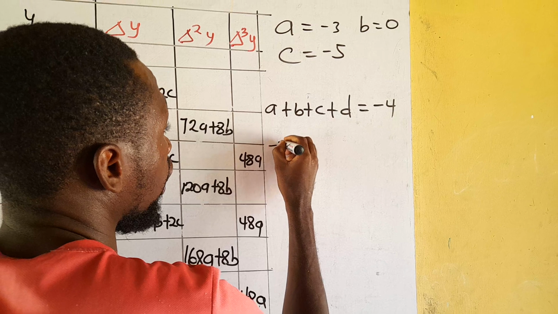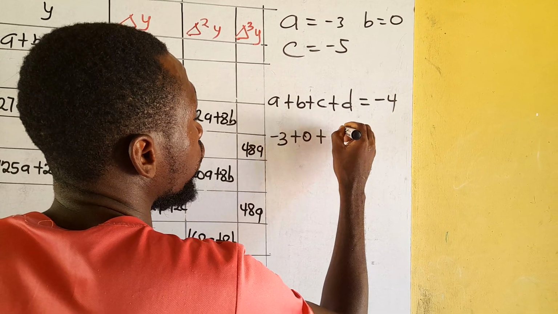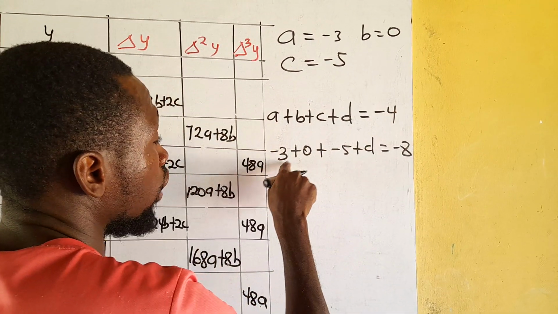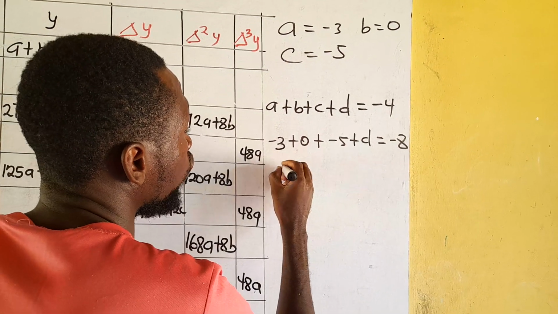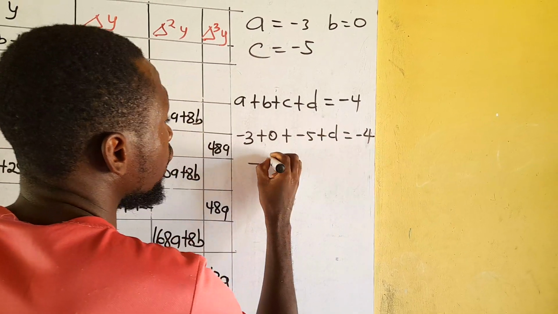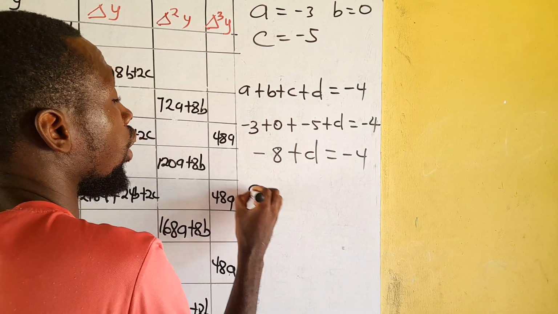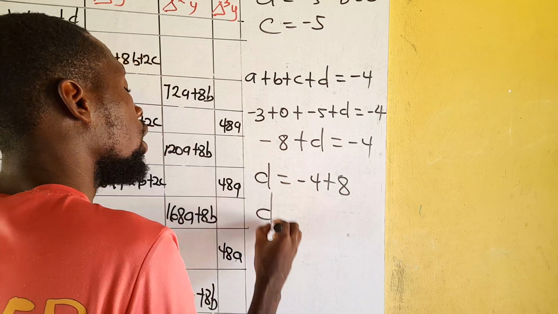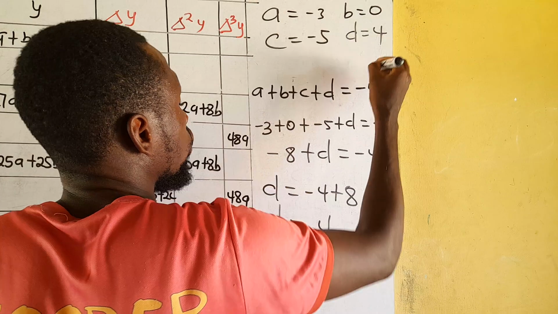A is negative 3, B is 0, C is negative 5, so negative 3 plus 0 is negative 3, plus negative 5 will be negative 8. So negative 8 plus D is equal to negative 4. So our D will be equal to negative 4 plus 8, D is equal to 4. So we now know our D to be equal to 4.